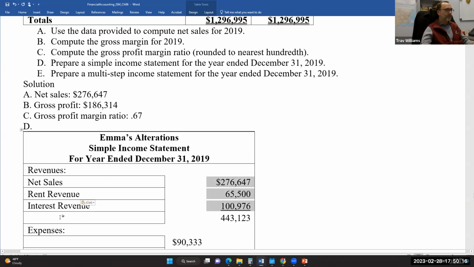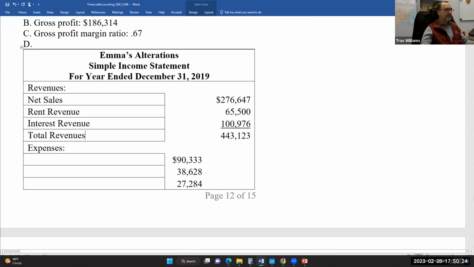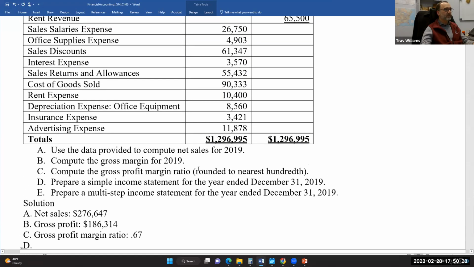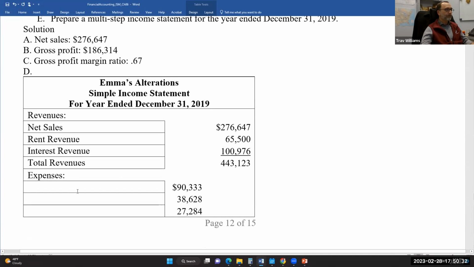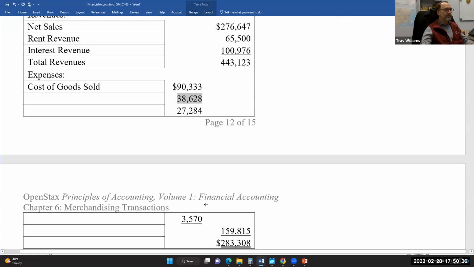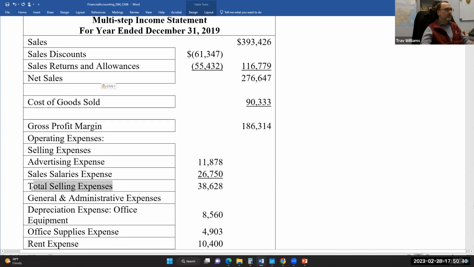Add these together, we get total revenues, right? Then we get down to our expenses, 90,333. That was our cost of goods sold. $38,628. What is that? That is our total selling expenses.